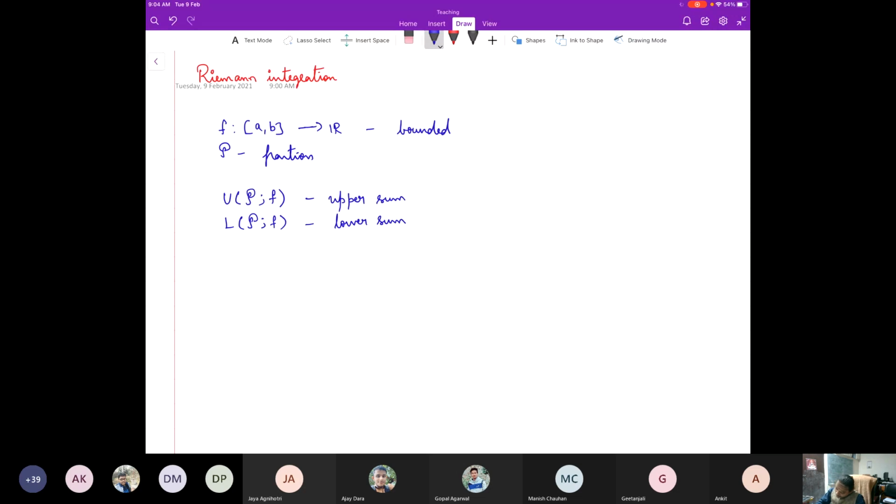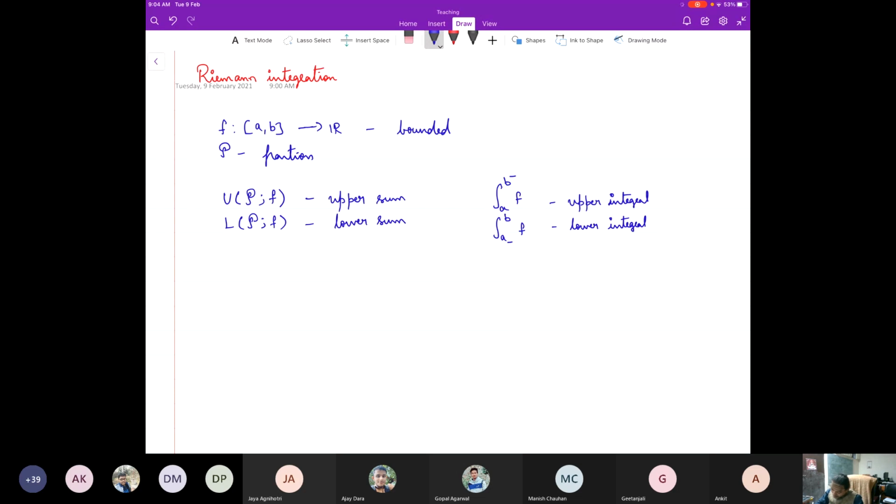And therefore, we defined what are known as the upper integral and the lower integral. Yes, so these two are defined.